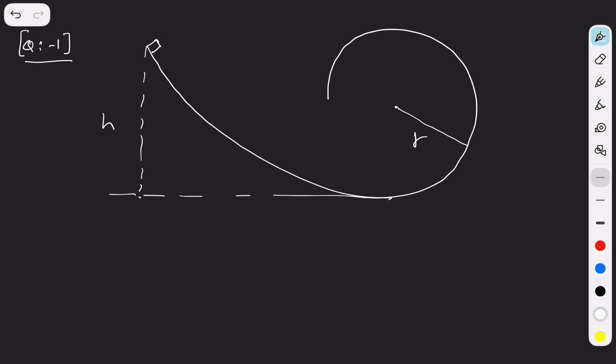So what the question is saying is that a block is released from the top of a smooth vertical track which ends in a circle of radius r as shown.